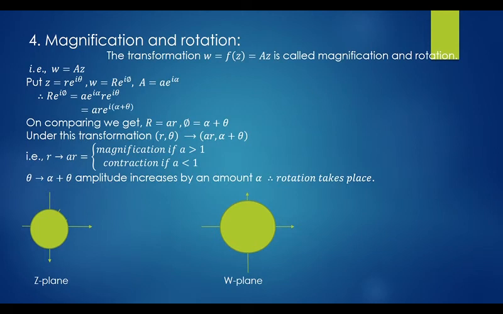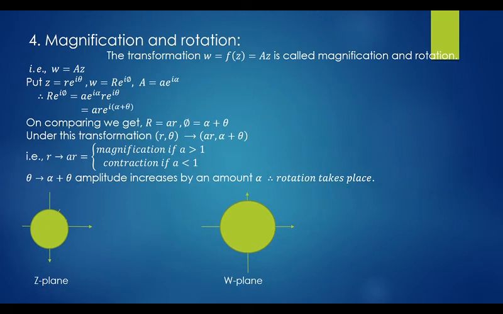So substitute in the given transformation W equals Az. W as capital R into e power i phi equals A, which is small a into e power i alpha, and z as small r into e power i theta.